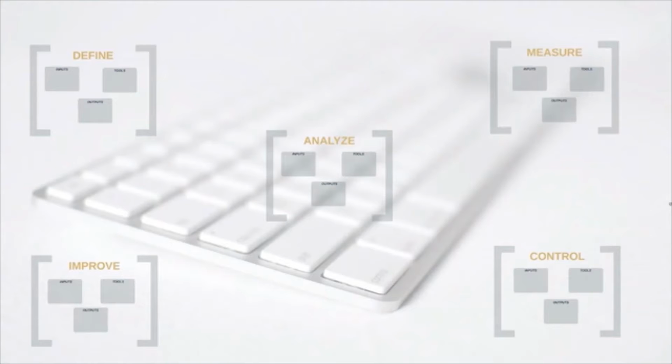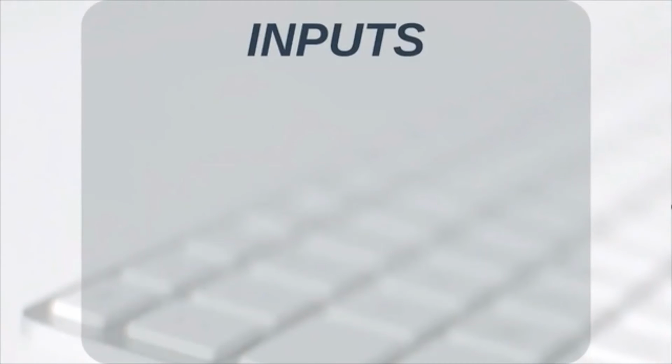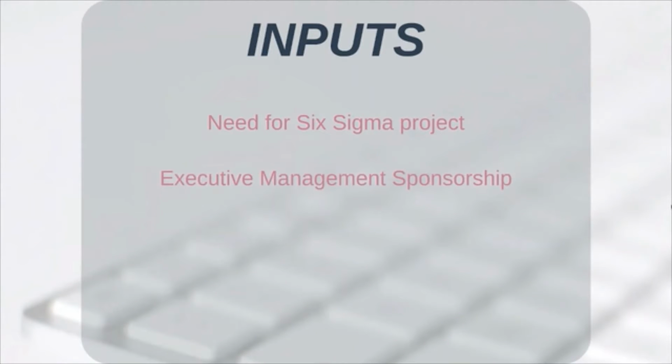Now we will look at each of these phases. Each of these phases has inputs, tools, and outputs. The inputs of the define phase are need for a Six Sigma project, executive management sponsorship.